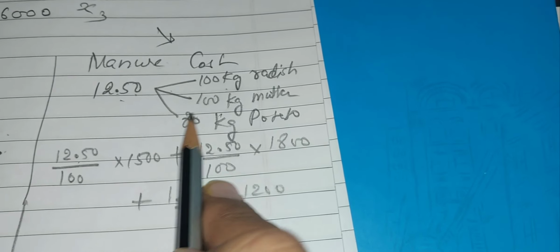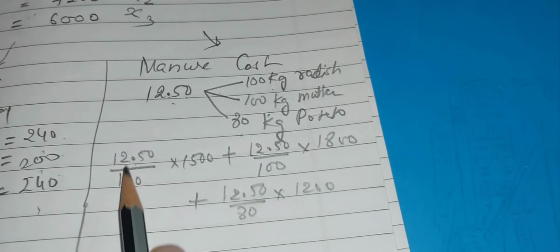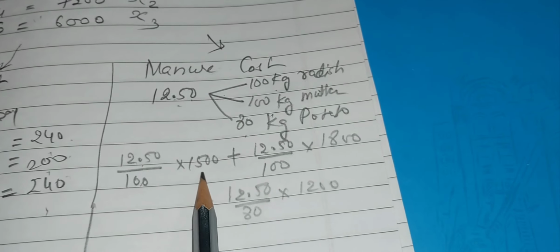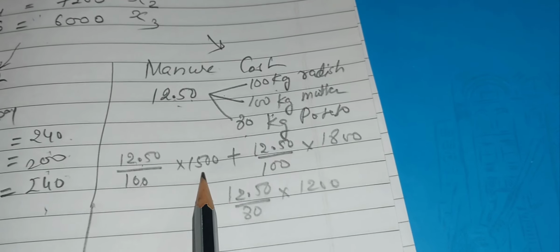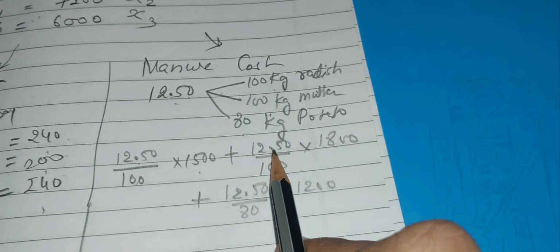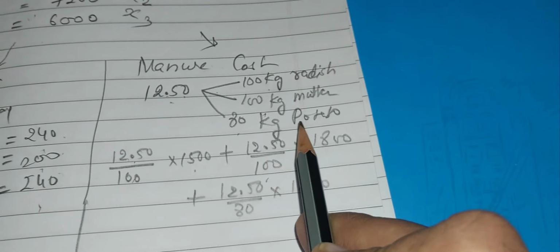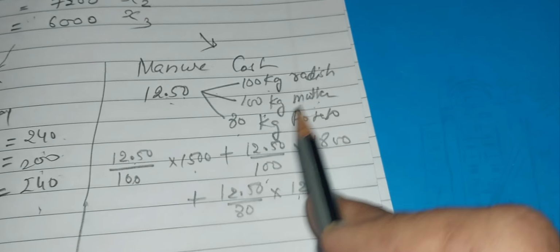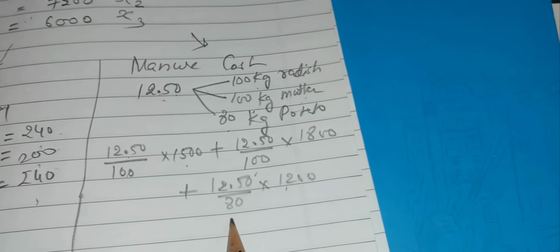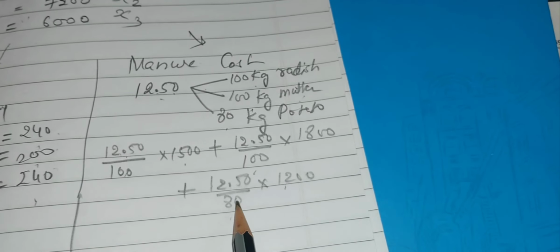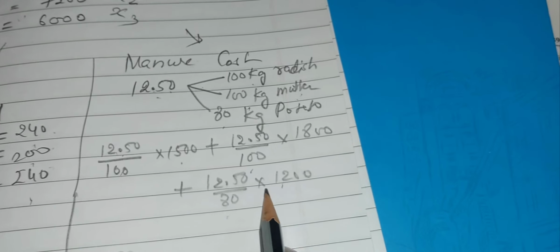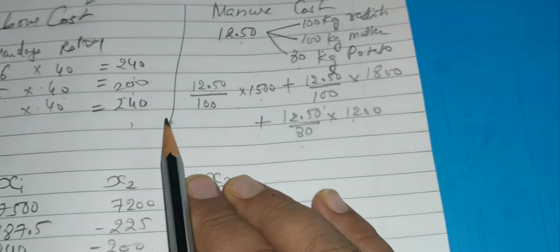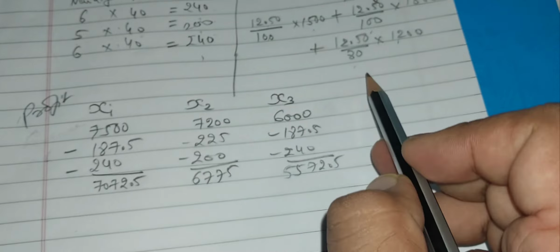So I need to find per unit. So 12.50 divided by 100, and my total yield is 1500 for radish. Same way, 12.50 divided by 100 and my total output of mutton is 1800. And same way 12.50 divided by 80, because potato cost is more, and 1200. So this way I have found the manure cost.